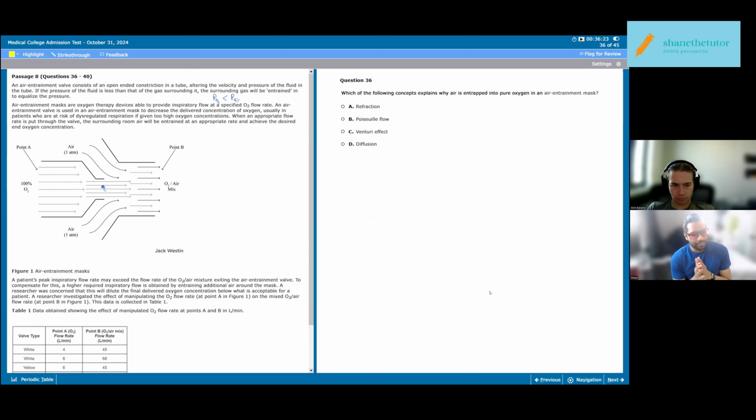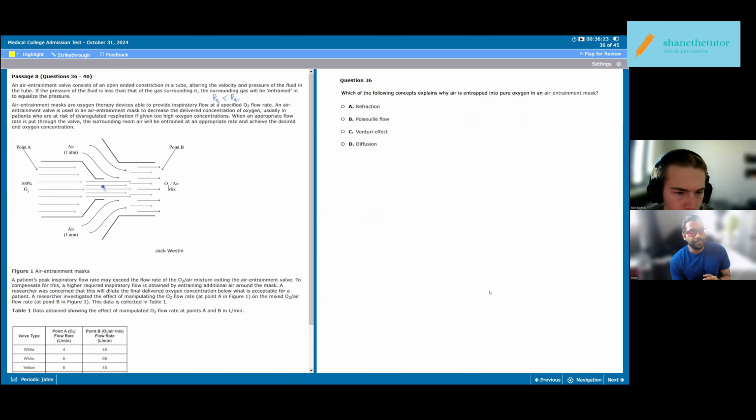So the arrows, if they are closer together, it means that they're traveling faster. And if they're traveling faster, what can that mean? Or what other thing may be affected by that? Area is down. Sure. Anything else?